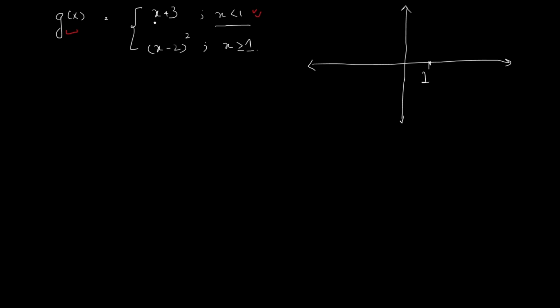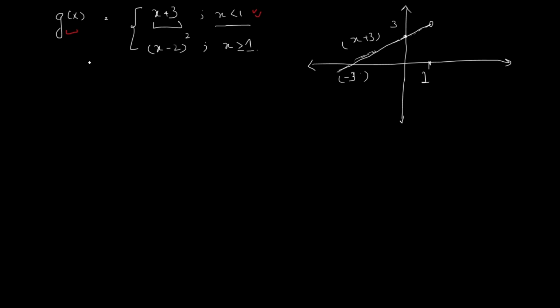So the y-intercept is 3. It will start from 4 and go like this, intersecting the x-axis at minus 3. x plus 3 is the equation of this line.